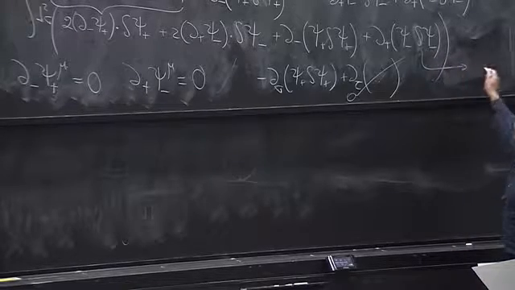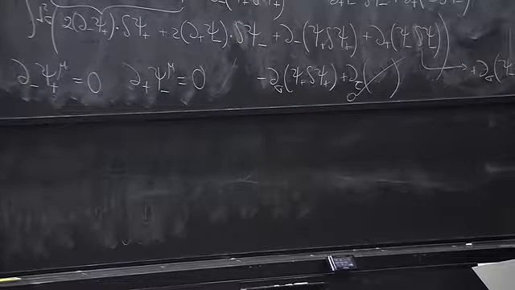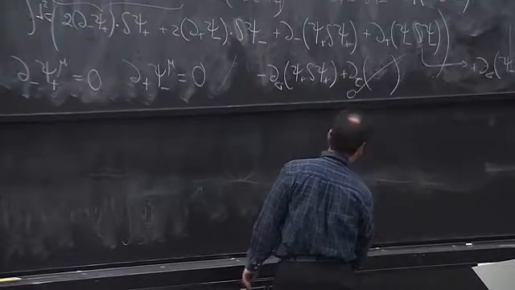From this piece, we get a plus sigma minus this variation plus derivative with respect to tau, and once again, this one we don't care about. So we only have to worry about the derivative with respect to sigma.